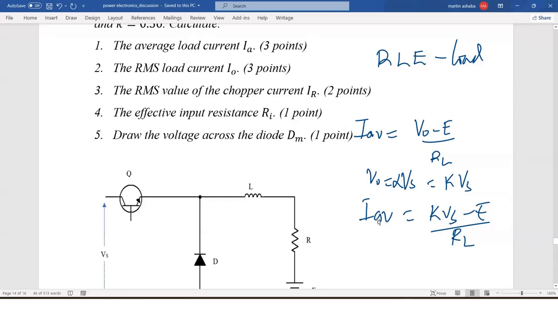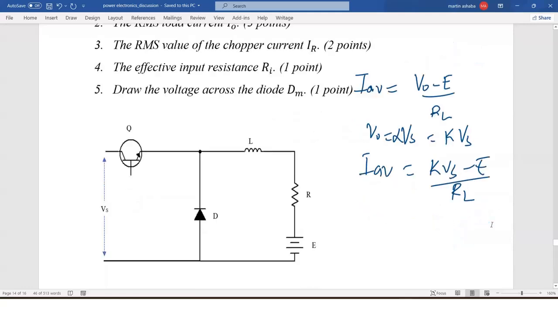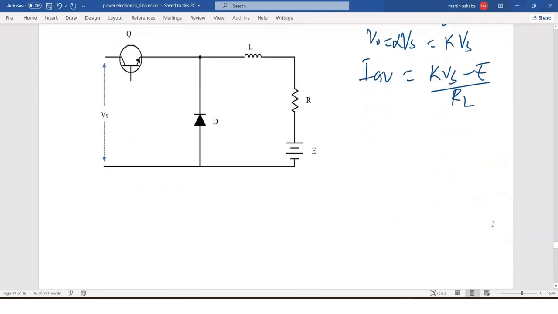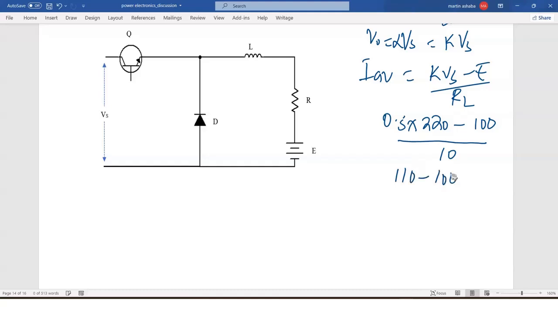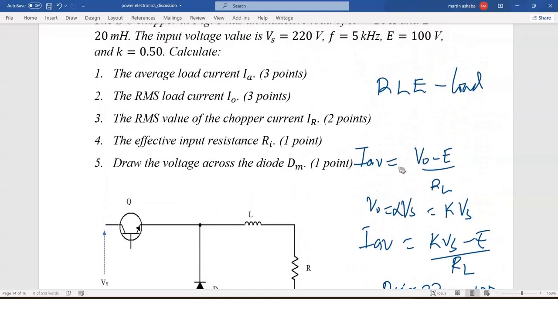So the average load current is KVs minus E divided by R. K is 0.5, Vs is 220, E is 100, R is 10. So this is going to be 110 minus 100 divided by 10, giving us 1 amp. So the average load current is going to be 1 ampere.